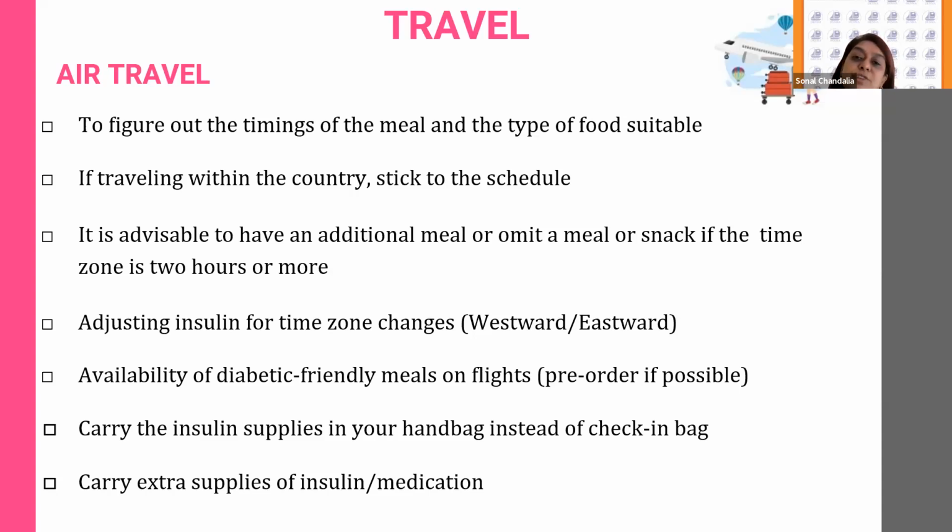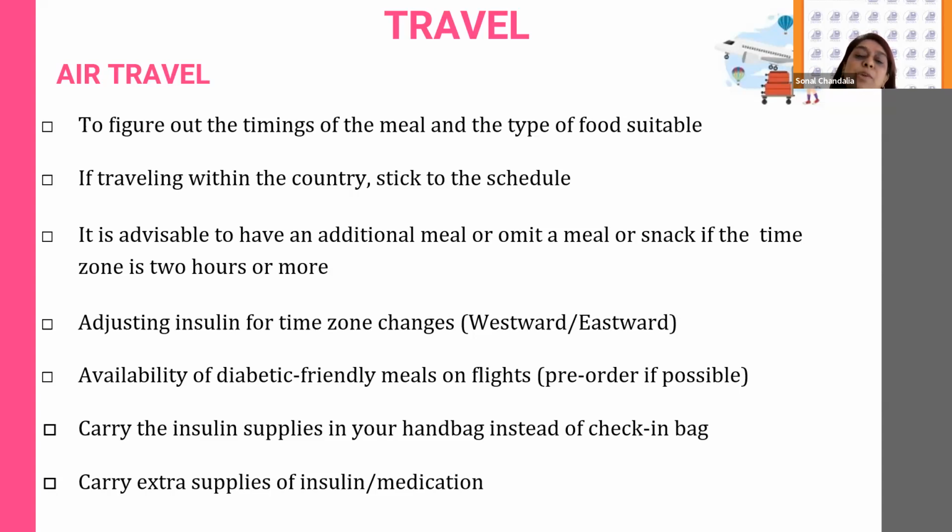One has to carry extra supplies, because you may not suddenly get that particular dosage or supply if you're caught in a bad situation or there are delays in travel. So whether air or road travel, extra supplies have to be carried.